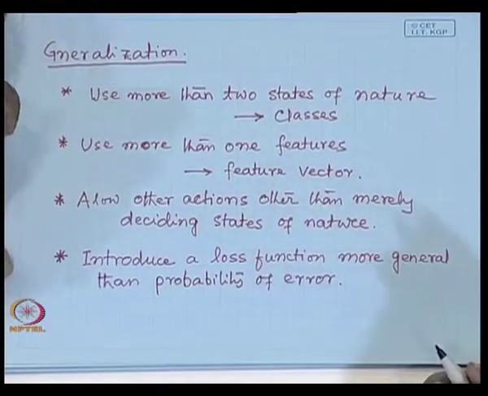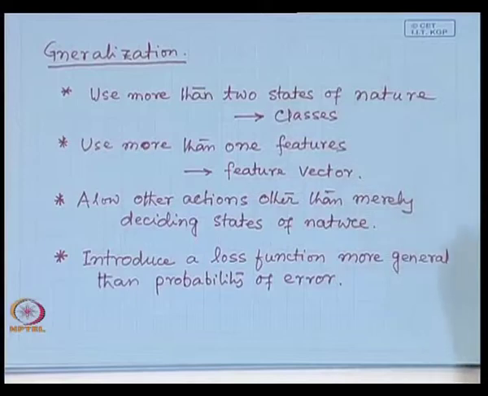As we said, if we decide in favor of omega 2, then the probability of error is p of omega 1 given x. And the purpose was to reduce the probability of error in simple Bayes decision theory.